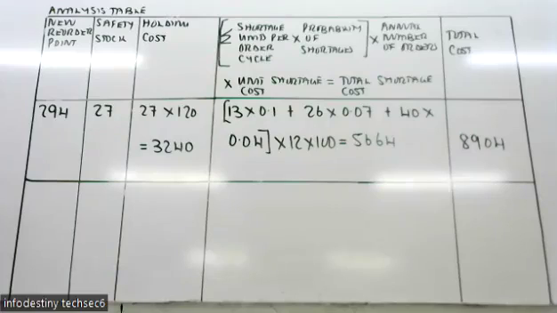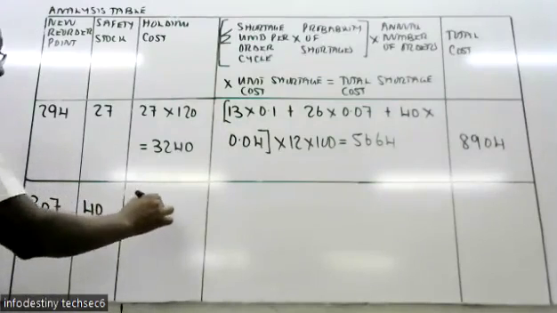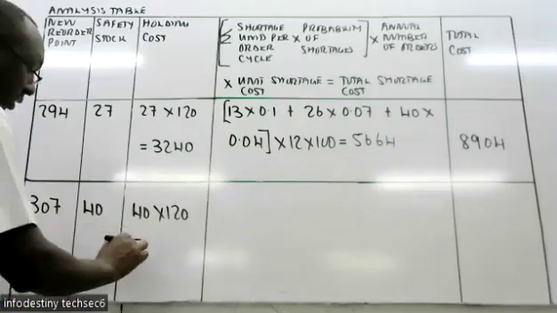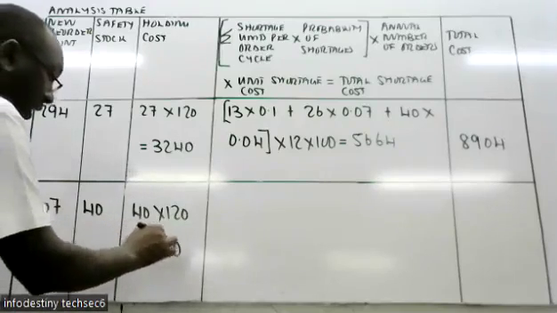After 294, the next one is 307. So 307 will create a safety of what? 40. So now 40 multiplied by 120 will give us 4,800.